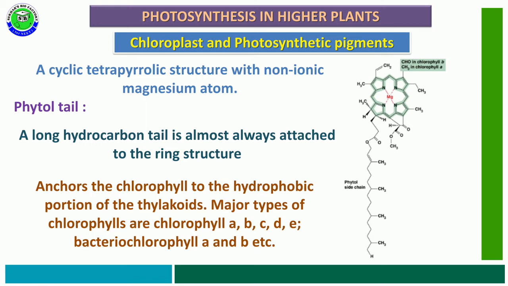chlorophyll to the hydrophobic portion of the thylakoid, and depending upon its structure, different types of chlorophyll pigments are present in the leaf, like chlorophyll A, chlorophyll B, chlorophyll C, chlorophyll D, and chlorophyll E, along with bacterial chlorophyll A and B, etc. By taking a simple example, the structure of chlorophyll A consists of a CH3 methyl group, but instead of the methyl group, if a CHO group is there, that is called a chlorophyll B molecule.